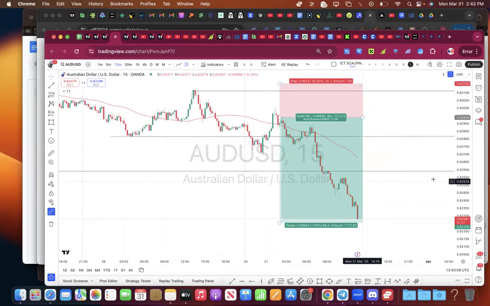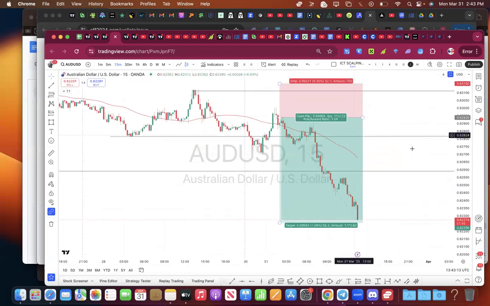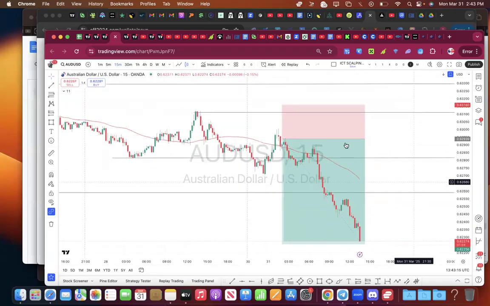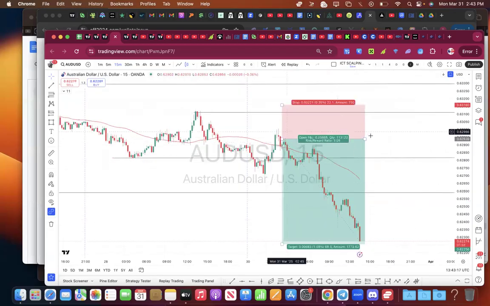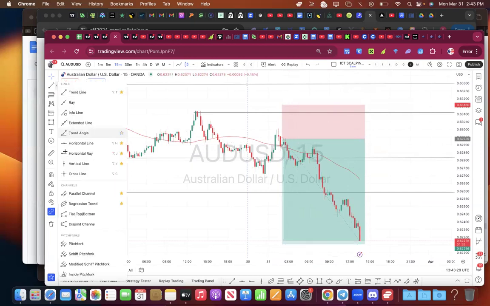Now, those of you who are new in our ecosystem or our signal group, when you see me send a screenshot like this, take note. It shows that this is an entry, this is a stop loss, and where you see some line, I draw some line this way.